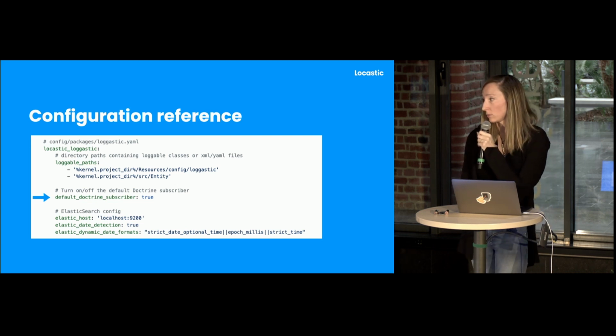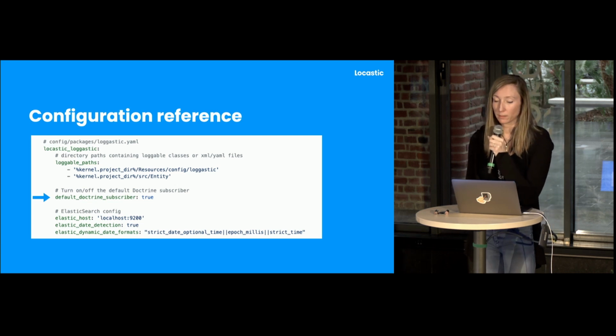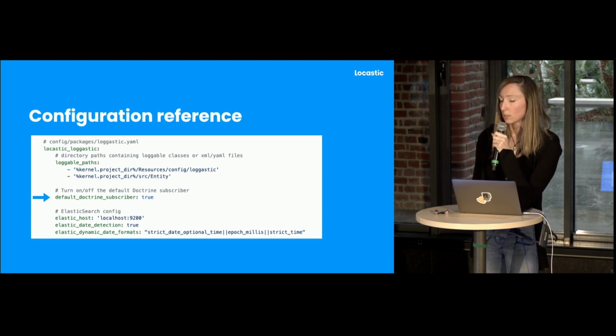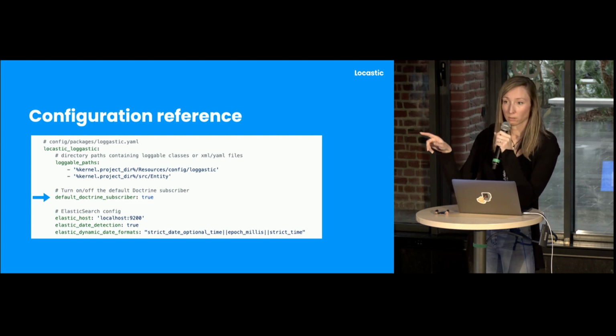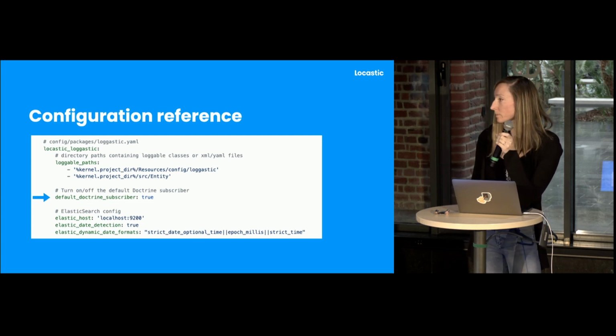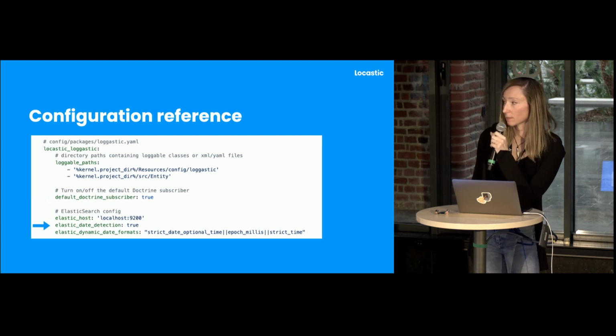So it will by default be activated and listen to all those changes, but maybe you want to trigger your logs in some different way, have your own listener, so you can turn this off and create your own. And here we have some Elasticsearch configuration. So we have a host for connecting to Elastic and some date-time configuration.